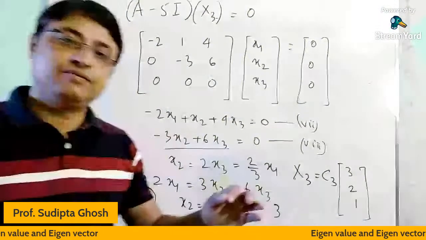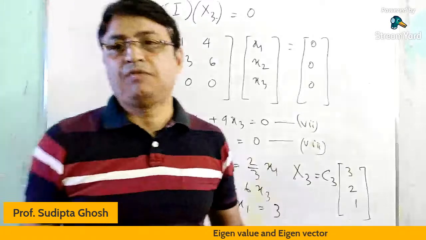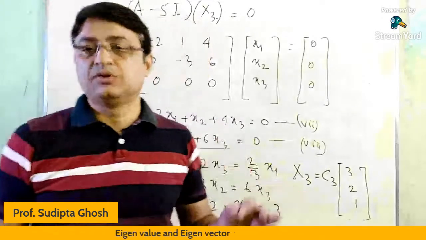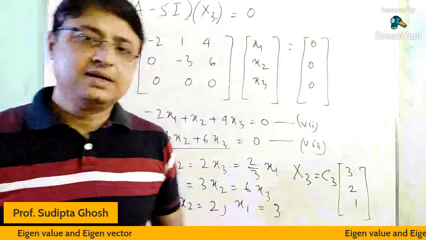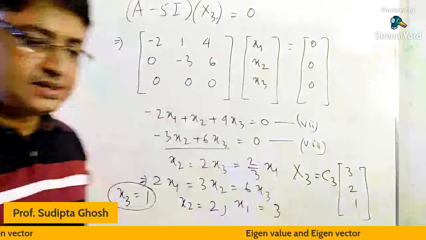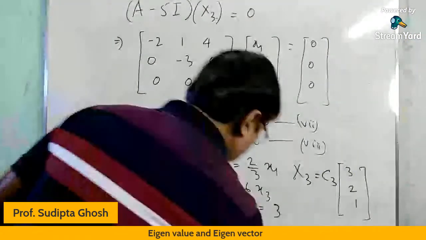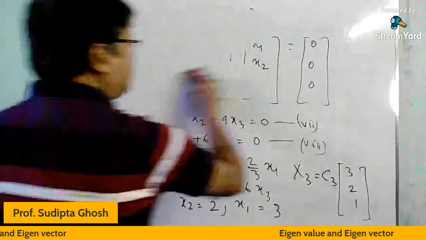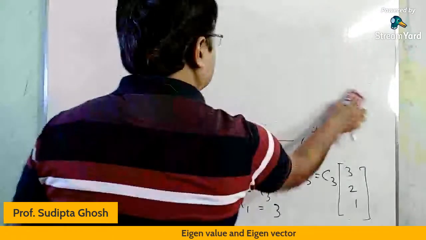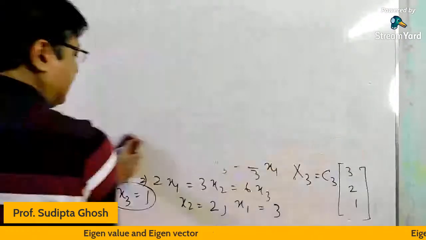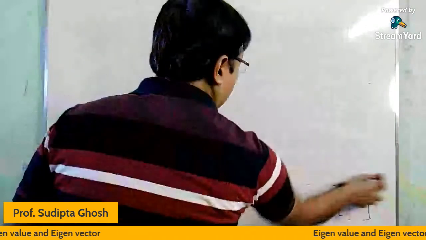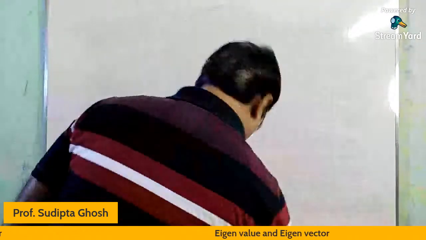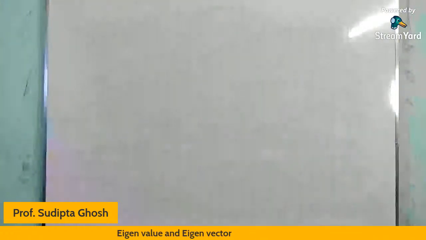Now the last topic left for this class is diagonalization. If capital A is any square matrix, and we have the eigenvalues lambda, or the characteristic roots, as I have earlier mentioned, which are nothing but the eigenvalues.